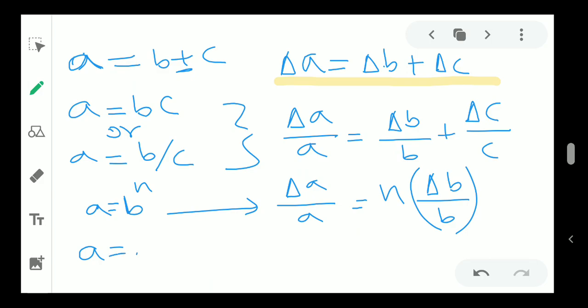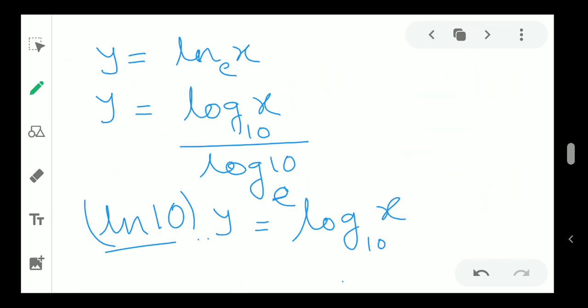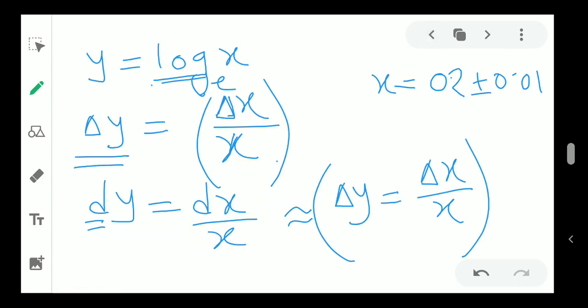I think it will not come, but if it comes sometime, you'll be ready. In that case the absolute error will be the relative error of our data. So these are basically the notes, the summary of our whole topic.